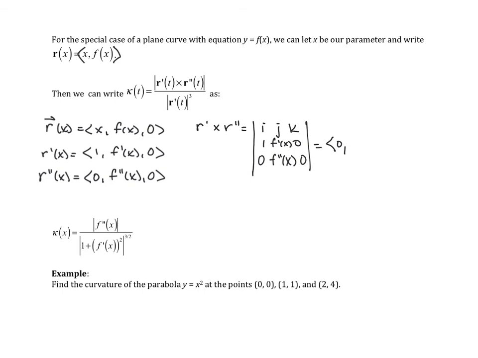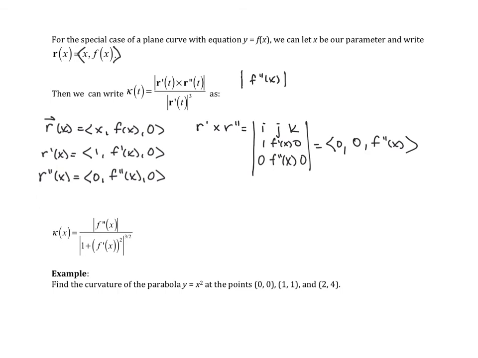On the next one, j minus, it'd be the negative, we'd get 0, 0 also, so that's fine. And then on k, we'd get 1 times f double prime of x minus 0, so this would be f double prime of x. And I also need the magnitude. So if we look at this formula, where we have r prime of t cross r double prime of t, do you agree that if I take the magnitude, this will just be the magnitude of f double prime of x?